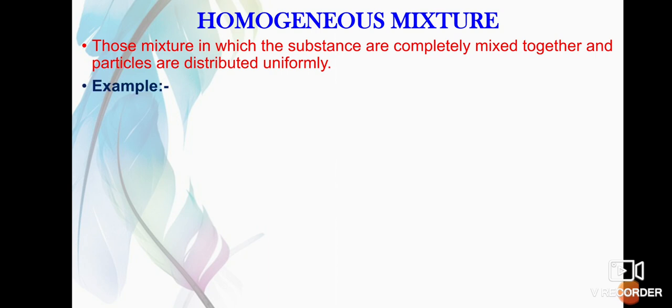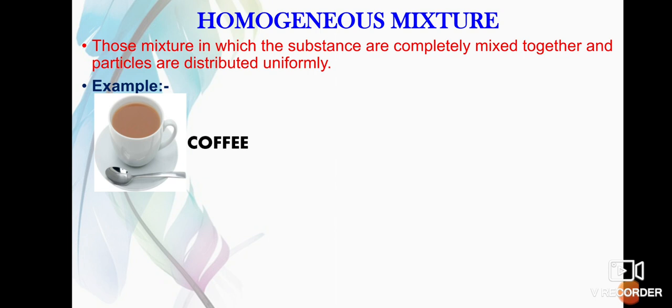For example, see, if you take a coffee, we make a coffee by using milk, water, tea powder or coffee powder, sugar. So after making tea or coffee, we can't observe the components which were mixed by us. Means if you want to see the milk, you can't see milk separately.